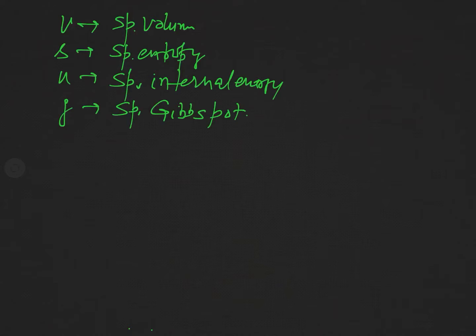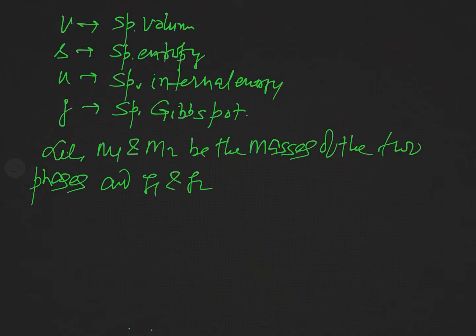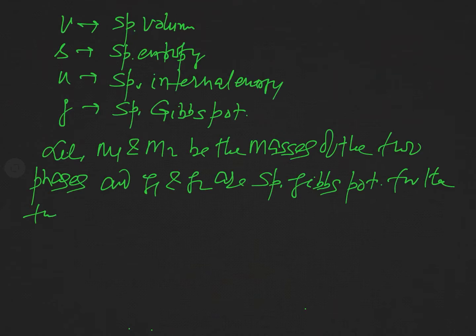Let us suppose now we consider, let m1 and m2 be the masses of the two phases, and g1 and g2 are the specific Gibbs potentials for the two phases at any moment.